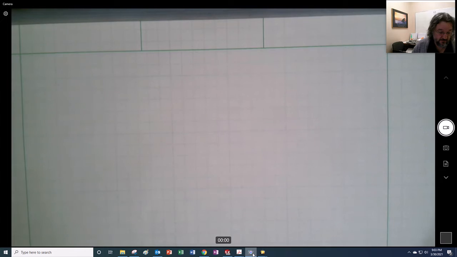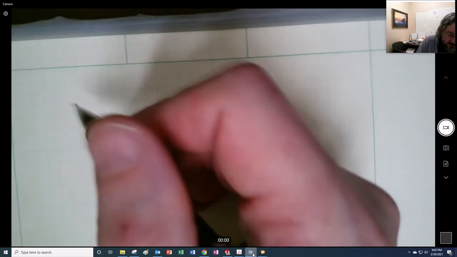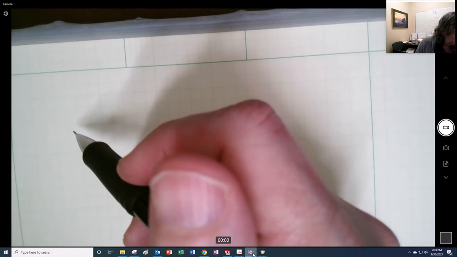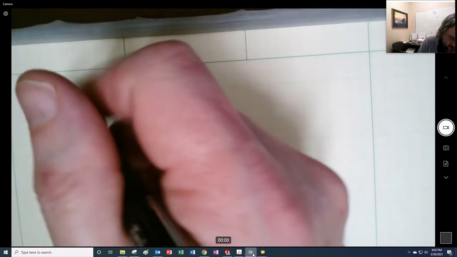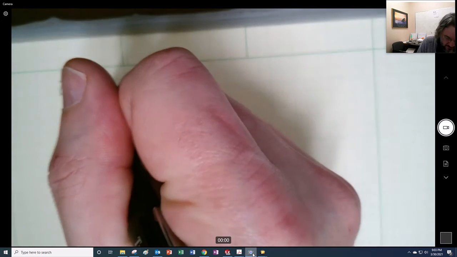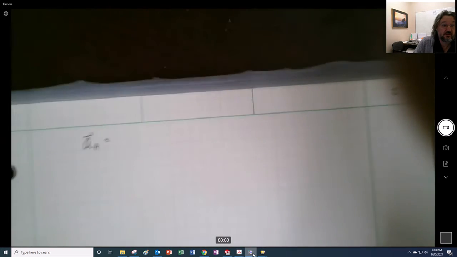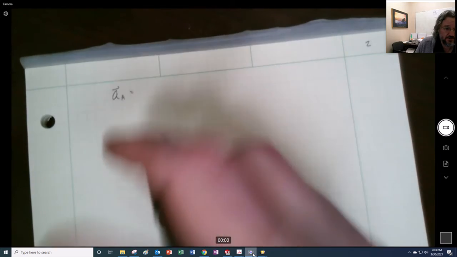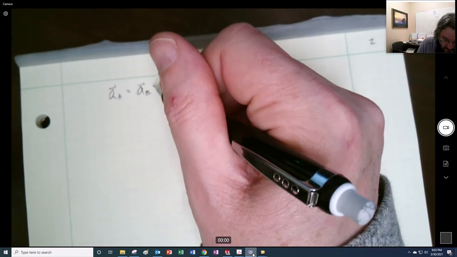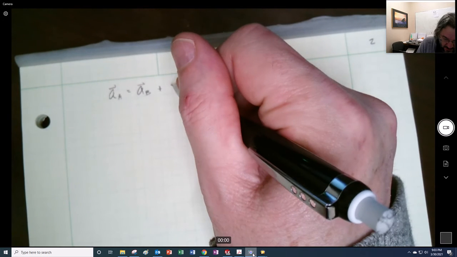So now we're going to use this to find, in the second part of the problem, right, the acceleration. So many of the same things are true right here. We need all that. We need that position vector. I think we have everything we need. Now, so we're going to write the acceleration of A is going to be equal to the acceleration of B plus.